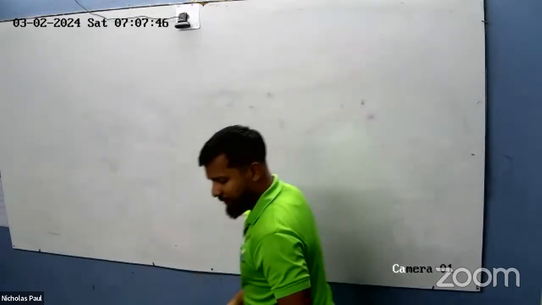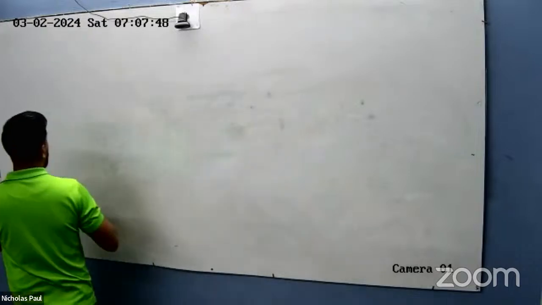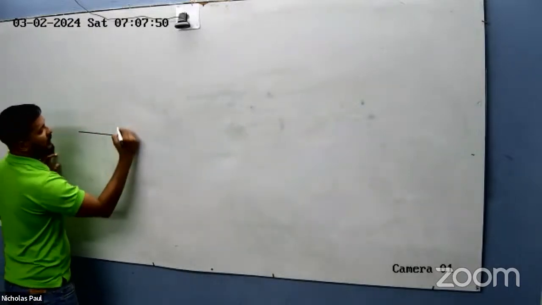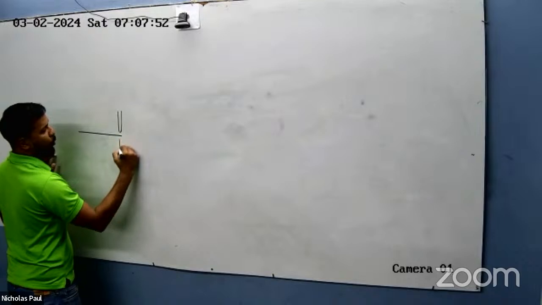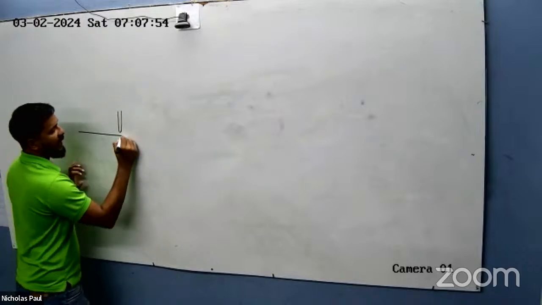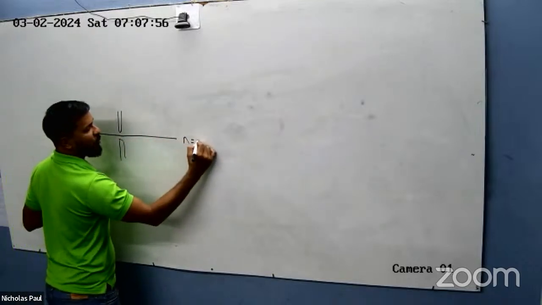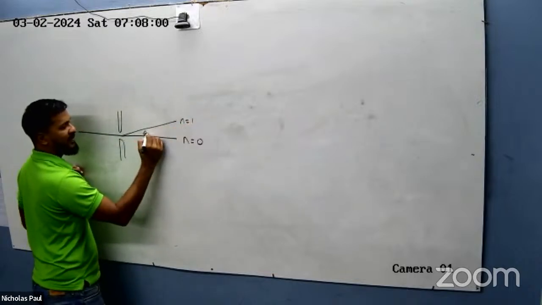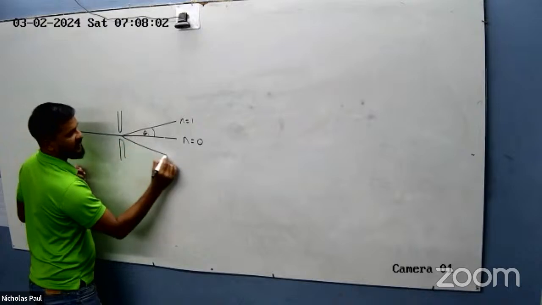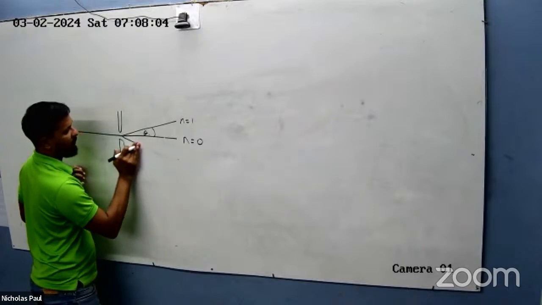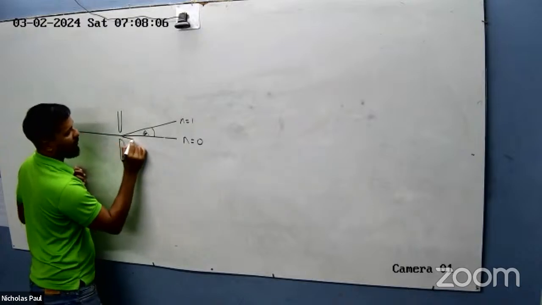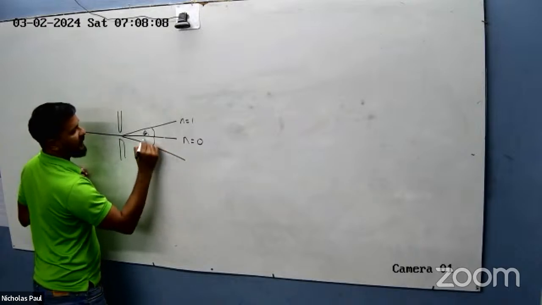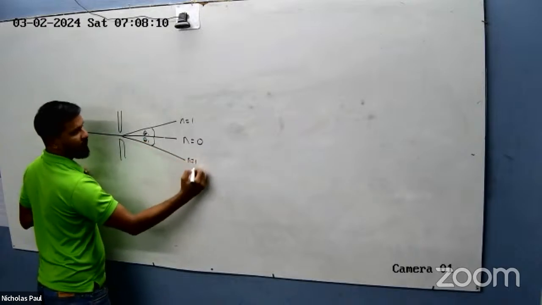Right. So what you see? Right. Same thing we're talking about. We have light coming in. This is one of these patterns. You have your central bright, that n is equal to 0. Then you have your first order, n is 1. This is theta 1. You have the same thing here, it is theta 1. All right?